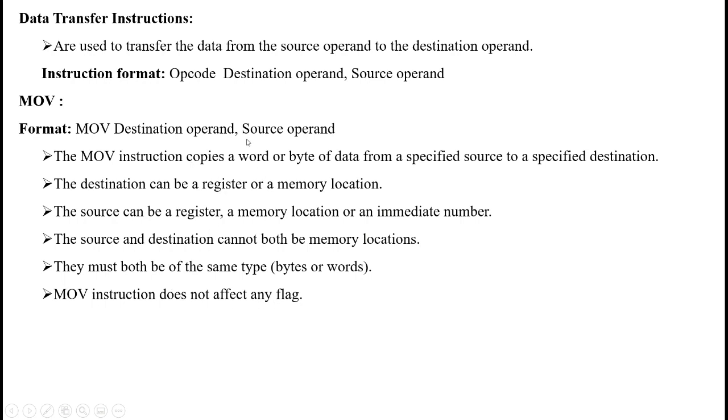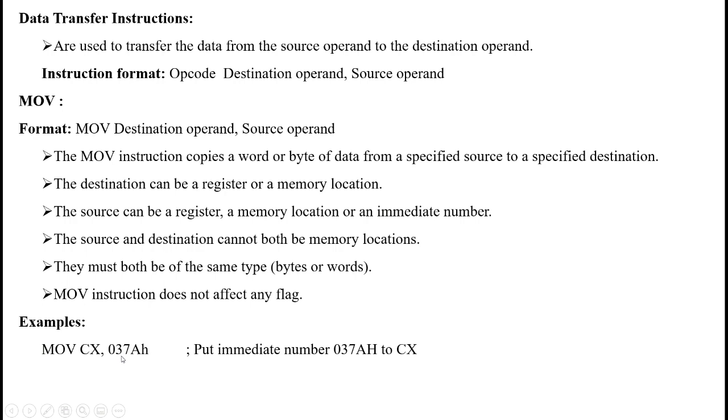In the previous video we discussed flag registers. If you execute this move instruction, it won't affect any flag registers. If you see the examples of move instruction, MOV CX, 037AH. See here, MOV is the opcode, CX is the destination operand register, and the source operand is immediate data.